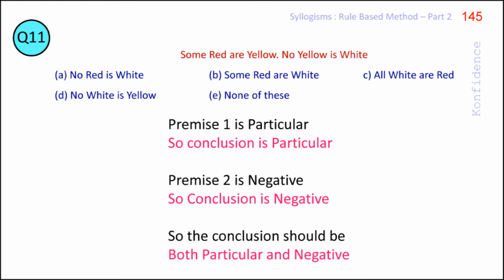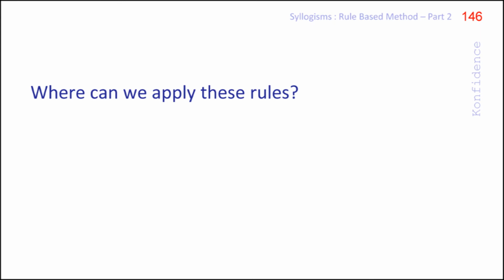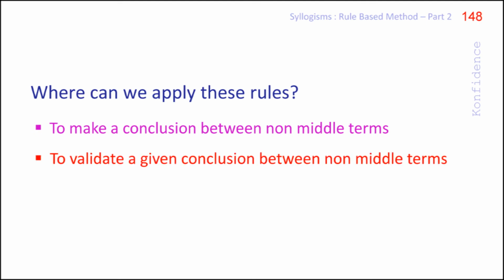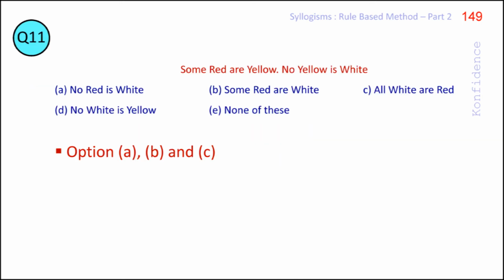You may think, wait, that these rules are to be applied only when we try to make a conclusion between non-middle terms or to validate a given conclusion between non-middle terms. Check the options once again. Option A, B and C are between non-middle terms.